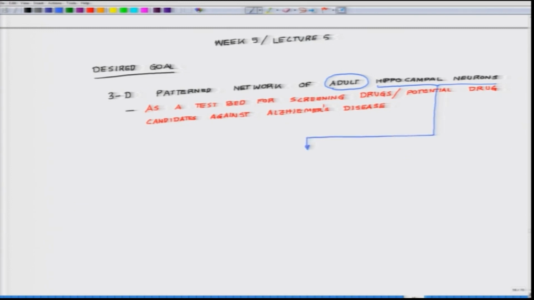three possibilities. To start off with, A, a rat, B, a mouse, and if situation permits, then C, going for human neurons obtained from the surgery table.